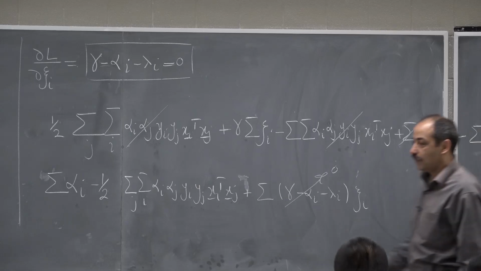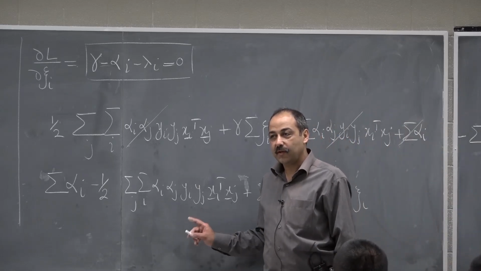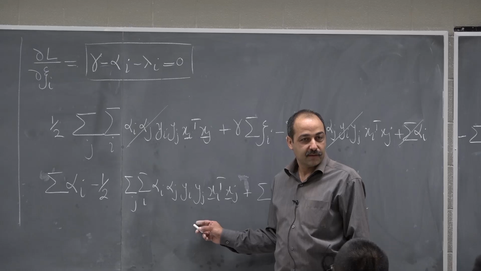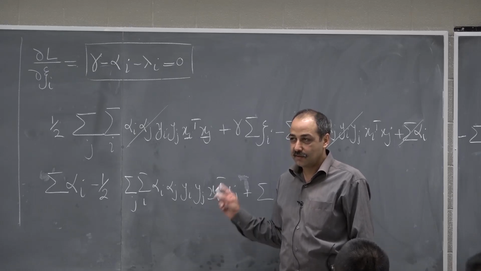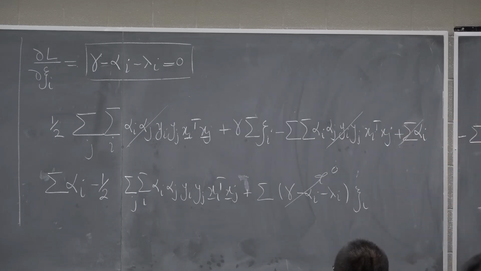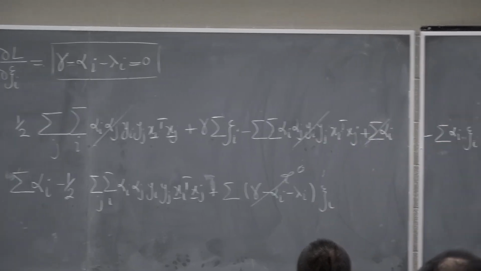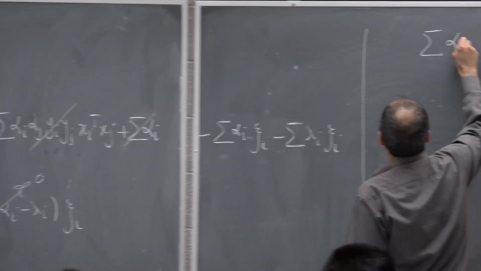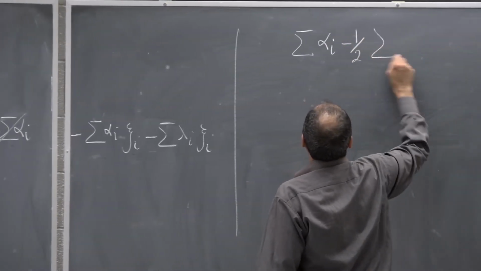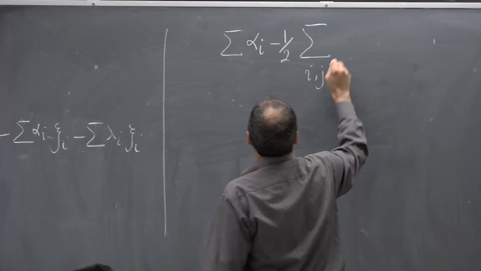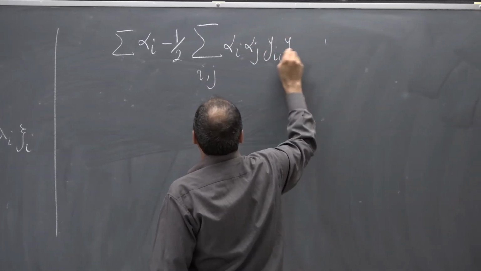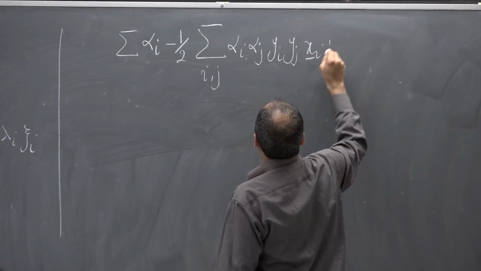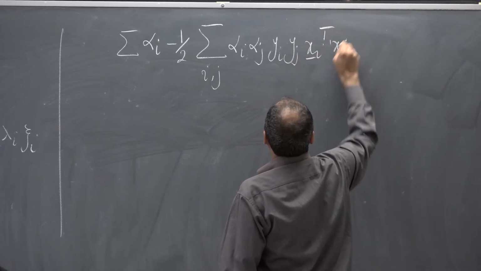Is there any difference between this and the objective function that we had in the hard margin case? It's exactly the same objective function, right? So my objective function is sum alpha_i minus 1/2 sum over i and j of alpha_i alpha_j y_i y_j x_i transpose x_j.